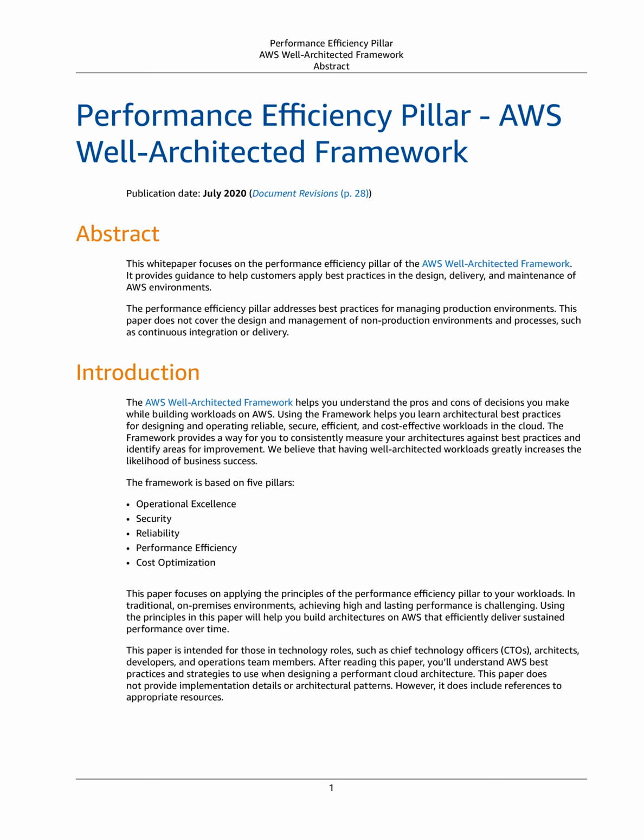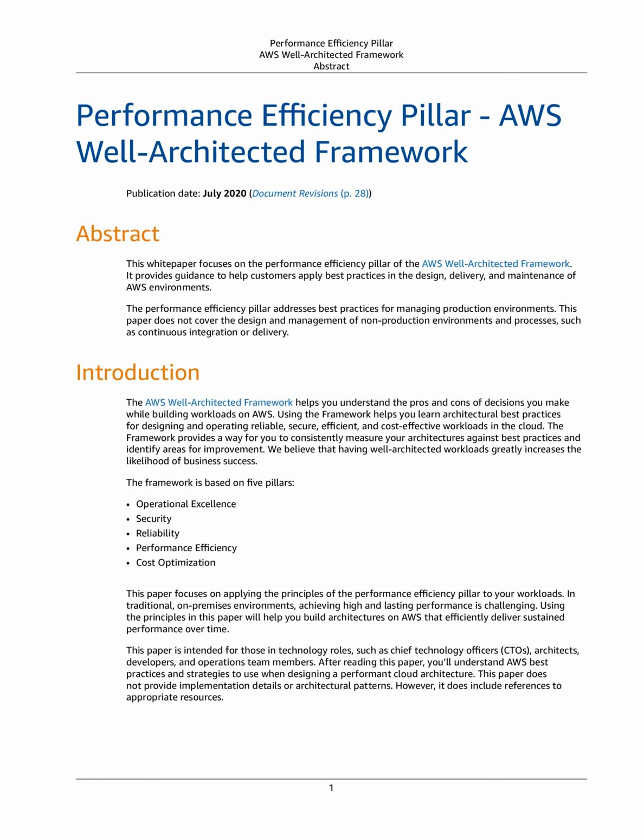Introduction. The AWS Well-Architected Framework helps you understand the pros and cons of decisions you make while building workloads on AWS. Using the framework helps you learn architectural best practices for designing and operating reliable, secure, efficient, and cost-effective workloads in the cloud.